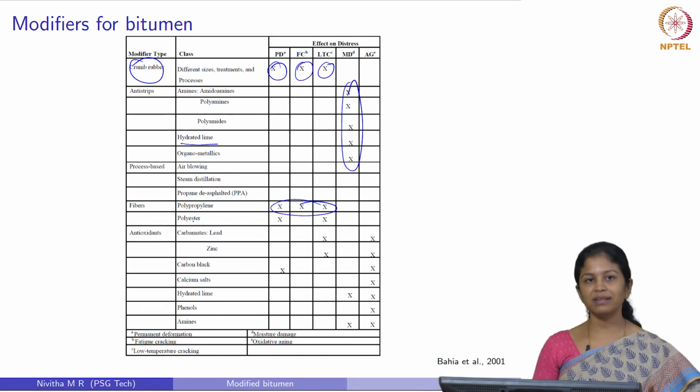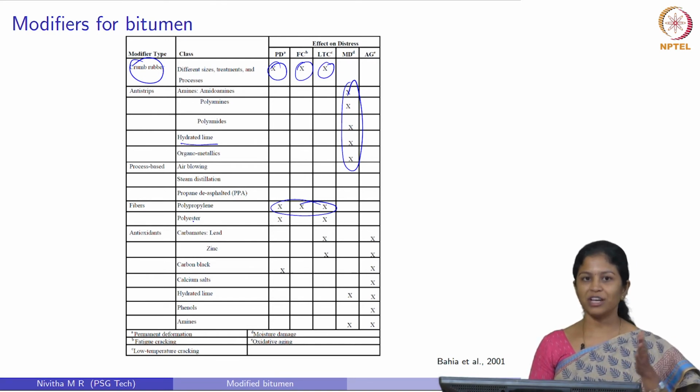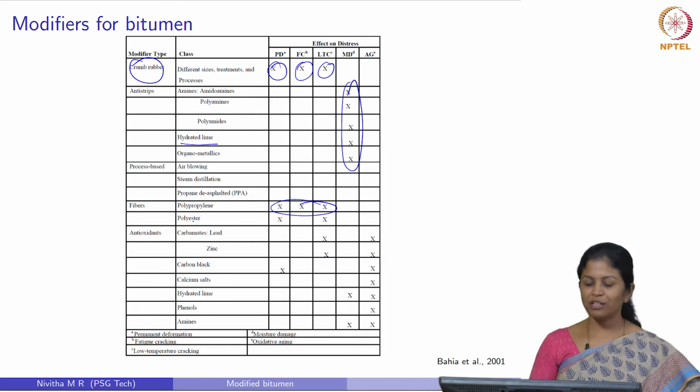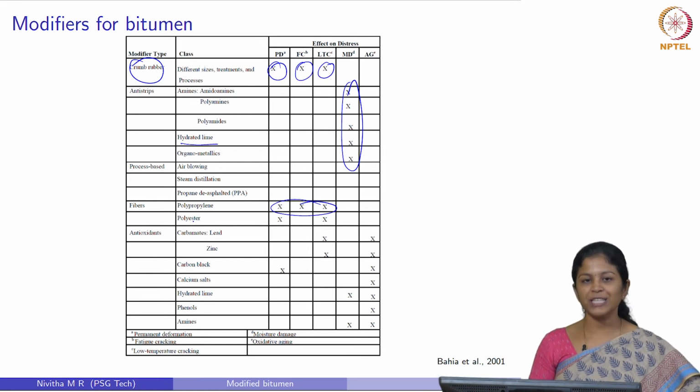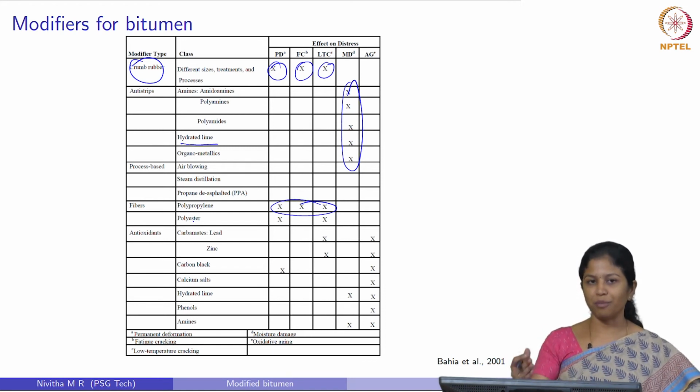The last one is antioxidants. So, antioxidants are materials which are added to bitumen to reduce the effect of aging, because we know that aging occurs due to the oxidation process. So, antioxidants are added to reduce the effect of aging on base bitumen, right. So, this is a comprehensive summary of different types of modifiers available for bitumen and the effect on the distresses.